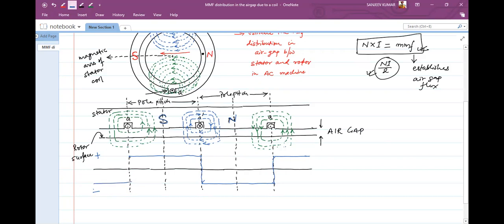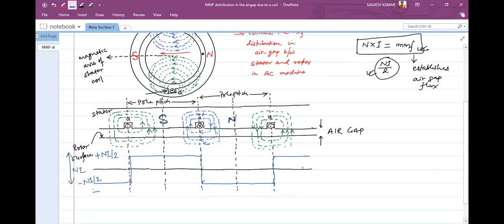It will be like this. This is plus Ni by 2 and this is minus Ni by 2, and this whole distance is now Ni.